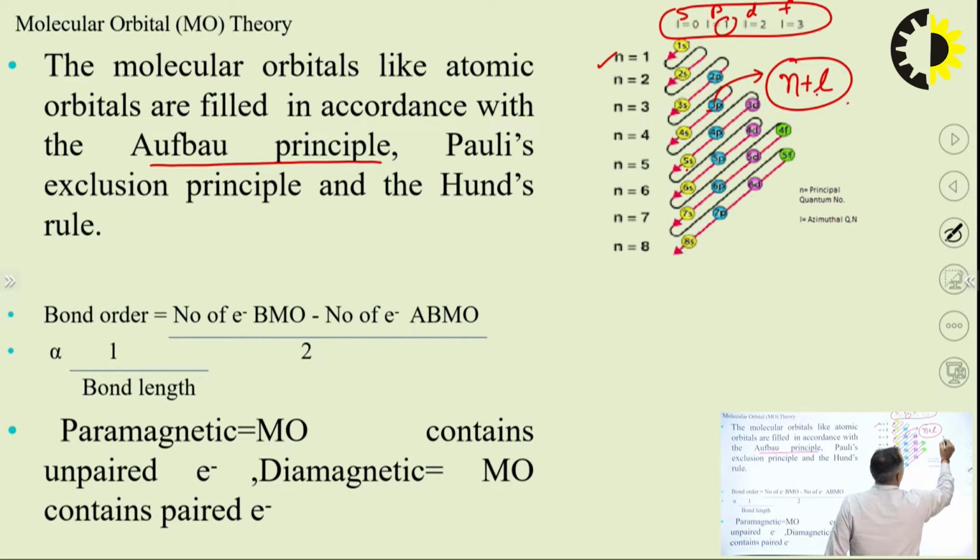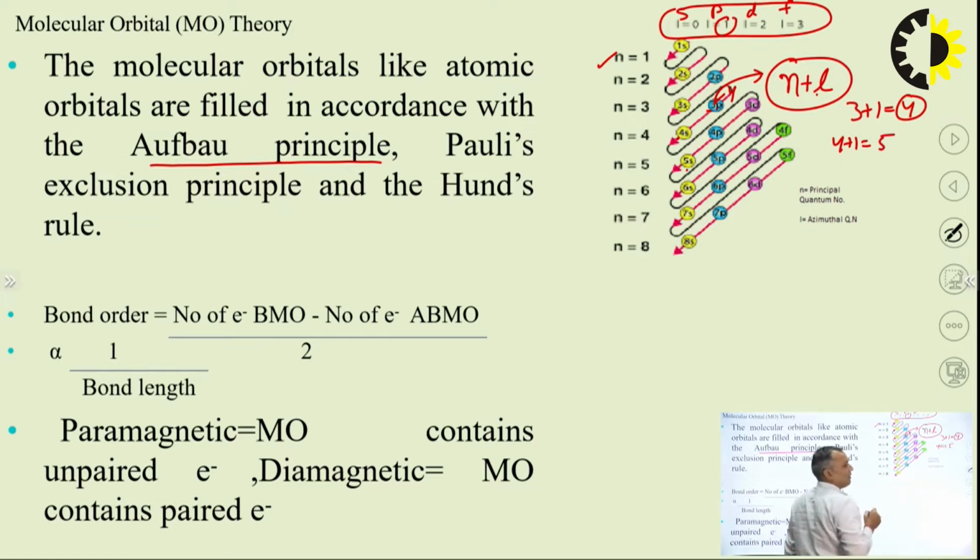Hence, we have 3 plus 1, which means 4. So, the energy of this region is 4. And the energy of this region is basically 4 plus 1, which is 5. So, the Aufbau rule is saying the electron first goes to the lower energy, which is 4, and then the next orbital will be filled, whose energy is 5.